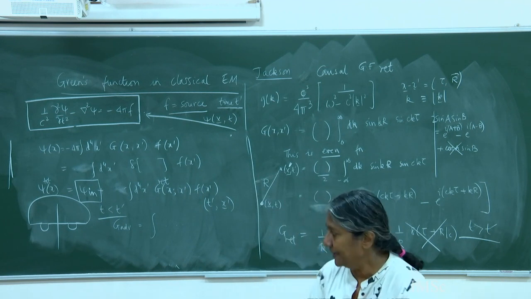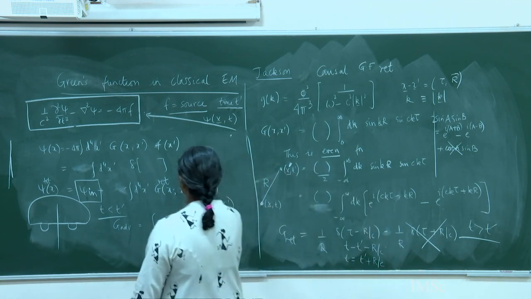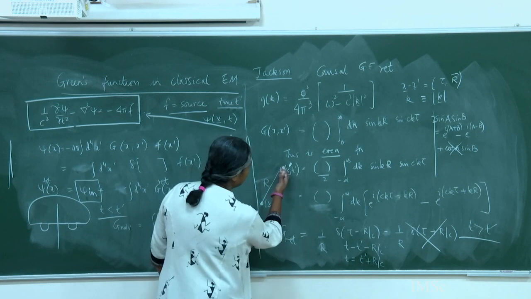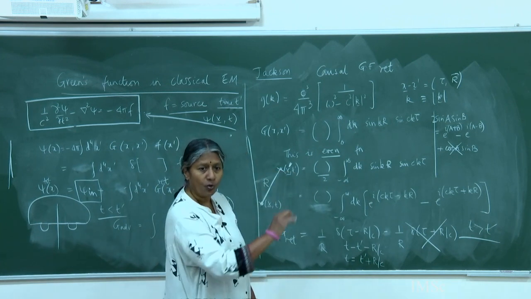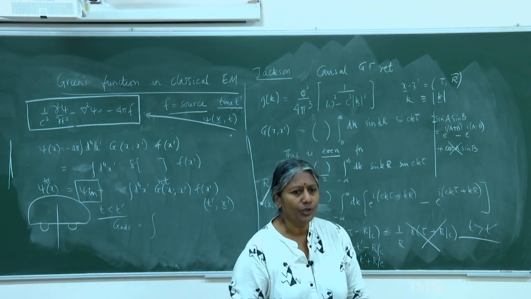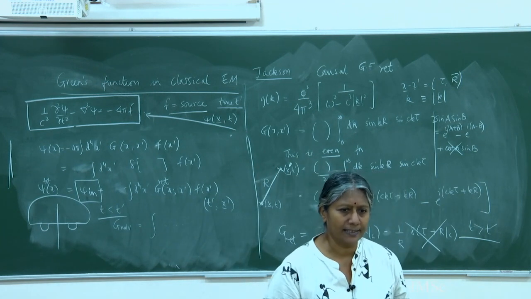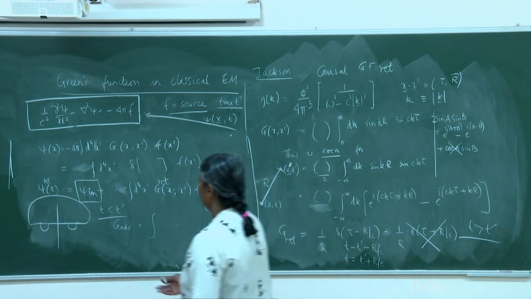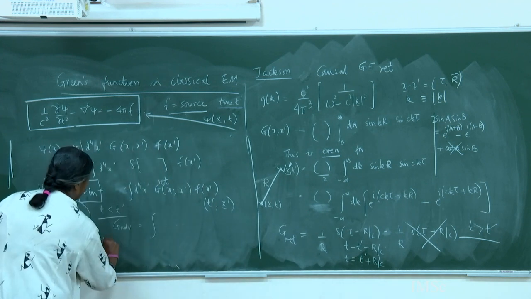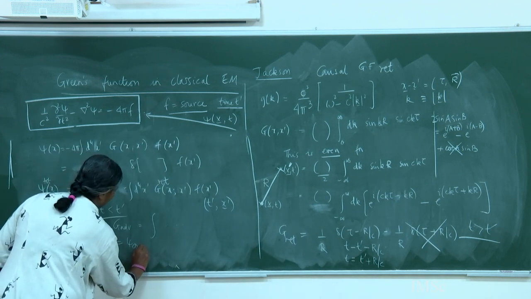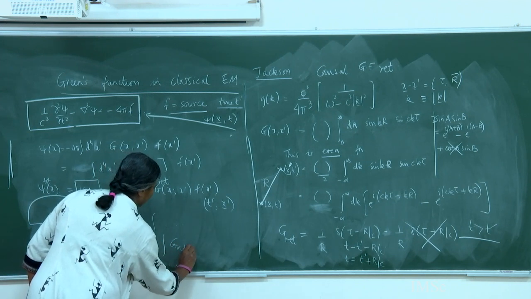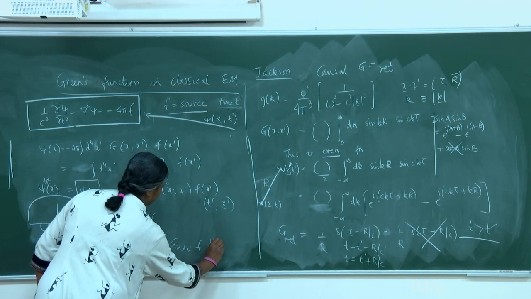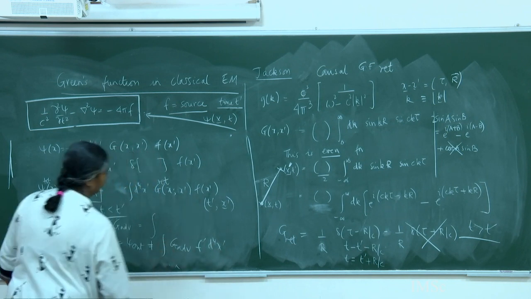That means if you go backwards in time by the amount of time taken to traverse from here to here, once that field is switched off, you must have no more field at that point. So psi out will be, maybe psi out will be 0, plus G advanced times f times d4x. Is this clear?